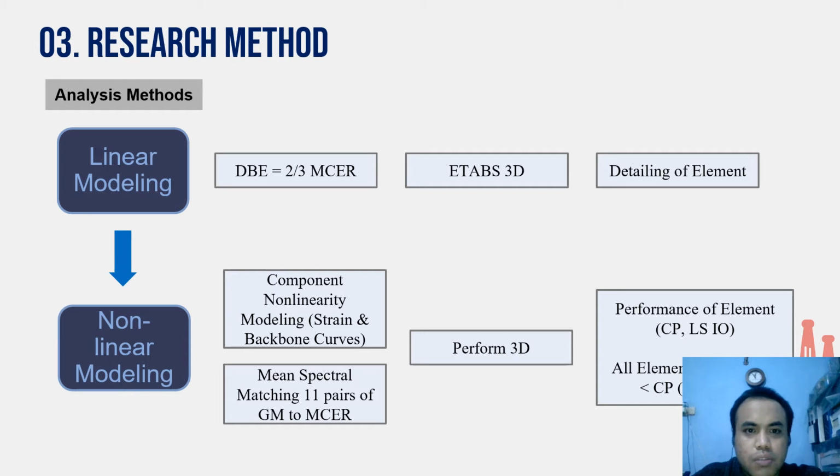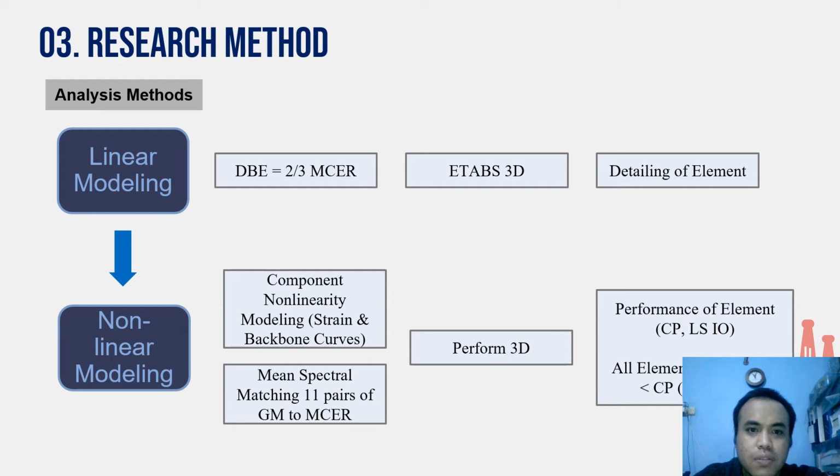And the next slide is about the analysis method. Modeling analysis consists of two stages. The first is linear analysis using design-based earthquake equal to two-thirds MCER based on ASCE 7, using the ETABS 3D program to obtain reinforcement detail for nonlinear analysis.